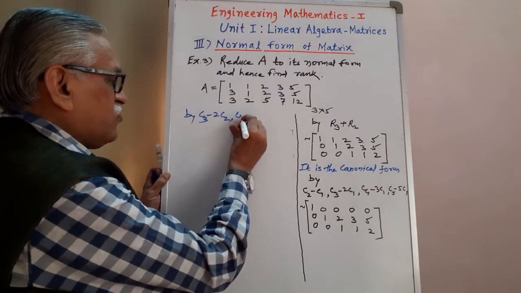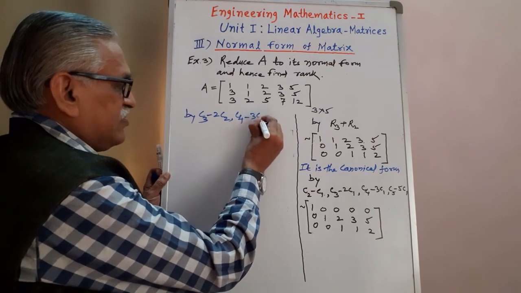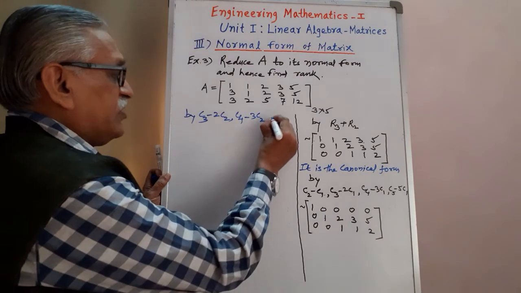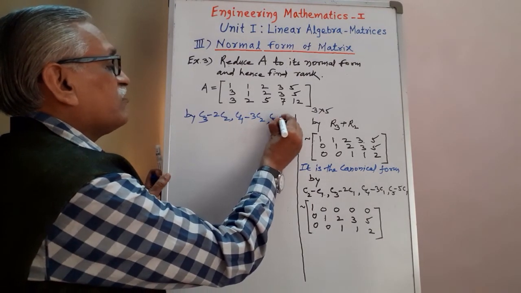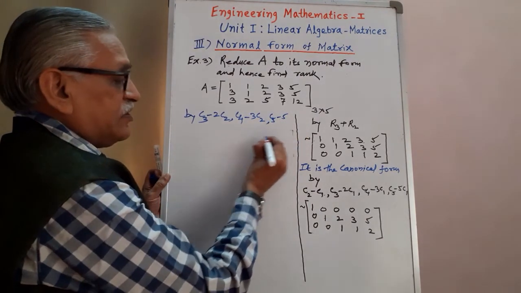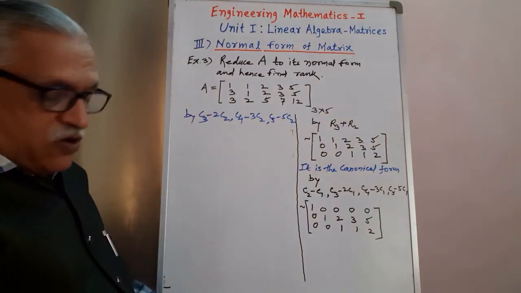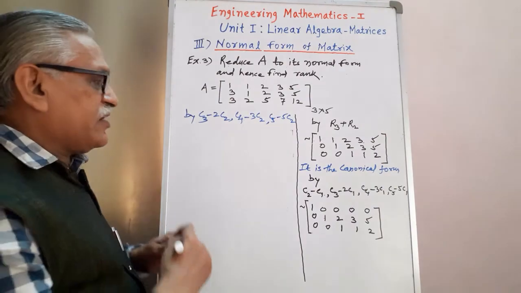It is C4 minus 3 times C2, and 5 minus 5, 0. It is C5 minus 5 times C2. By applying all these column transformations, we get the required.